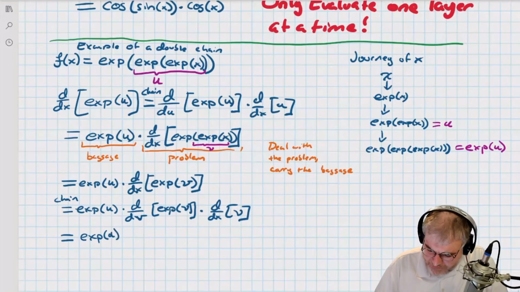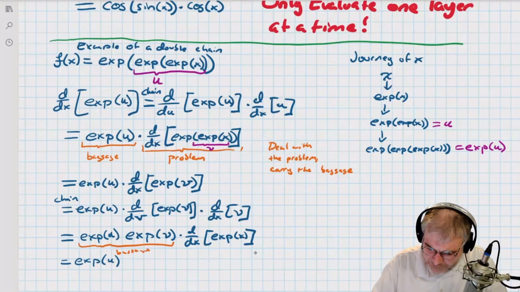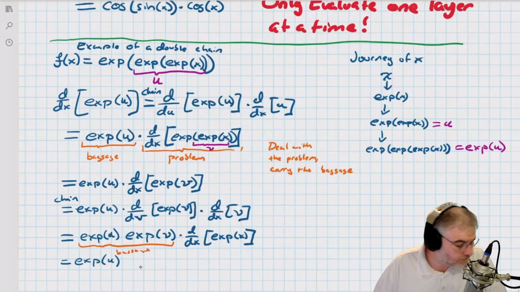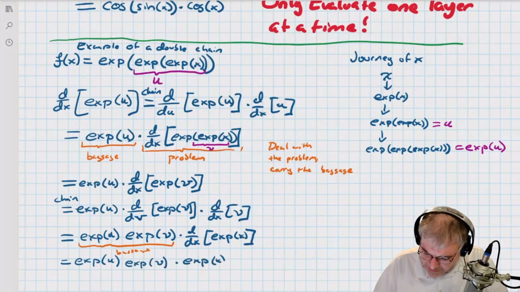Now, the derivative with respect to v of exp of v is simply exp of v times the derivative with respect to x of v, which was exp of x. So that equals exp of u. Now, this is baggage. This is what I have to deal with. And so I've got exp of u times exp of v times exp of x.